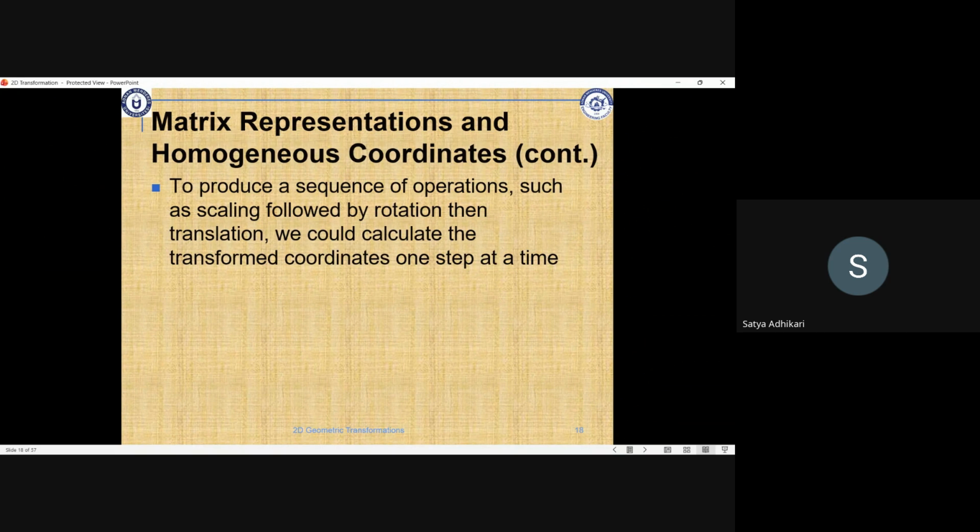We could calculate the transformed coordinates one step at a time: first scaling, calculate the scaling value, then make rotation and get the output, and then translation.